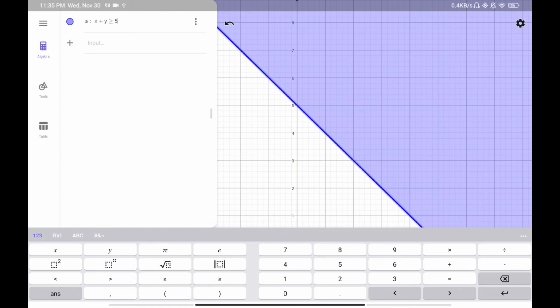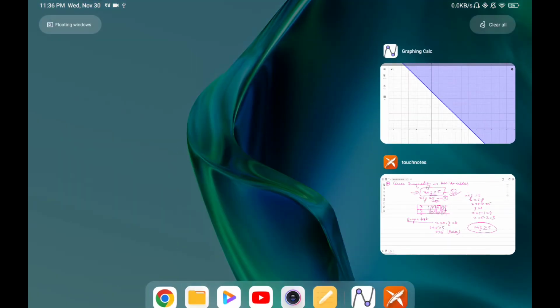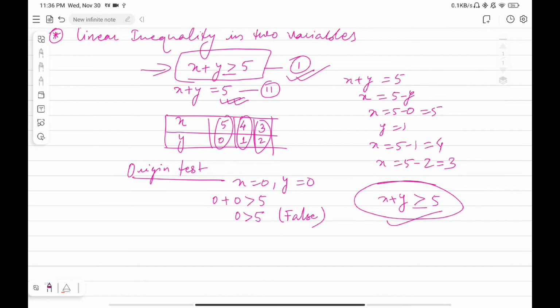Let's see this. Now see here, the line has changed, now it is solid. So this diagram suggests that all the points on the boundary line are also in the region represented by the inequality x plus y greater than or equal to 5.